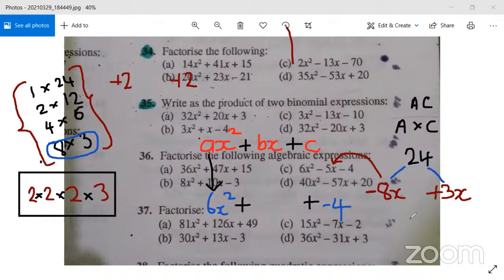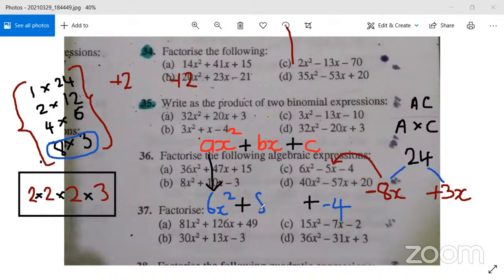Now, the reason why we'll be doing this is because we're going to be pulling off somewhat of a substitution. So we would be replacing -5x with -8x and +3x, right? That is what we'll be doing. So let's see what happens when we actually do that.